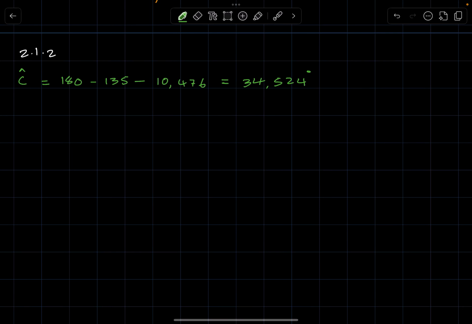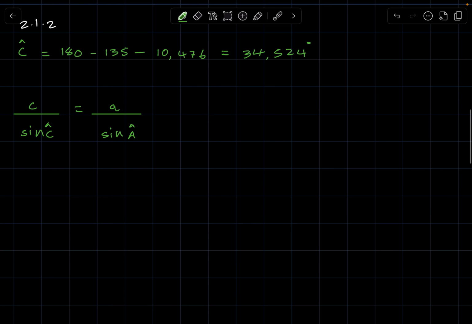Using the sine rule, because you're looking for side C, you have sine C divided by... sorry, side C divided by sine C is equal to side A divided by sine A. To get side C, you must make side C the subject of the formula, so you get rid of this by multiplying both sides.